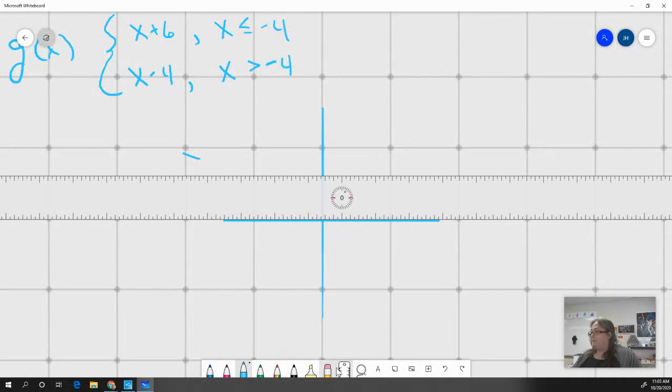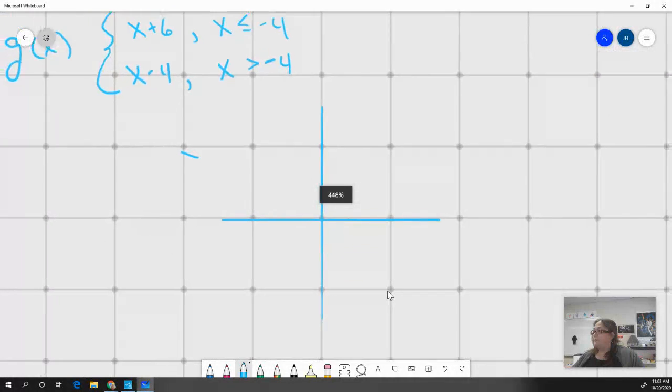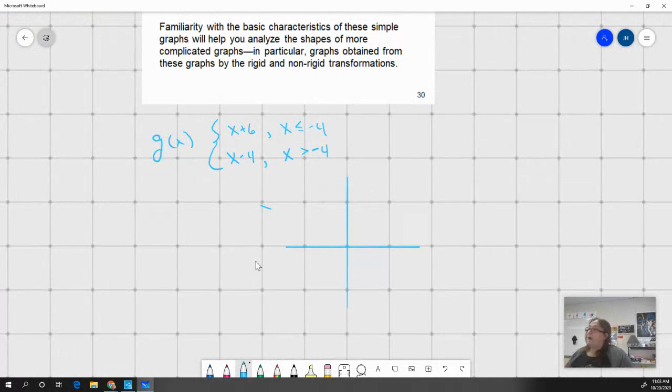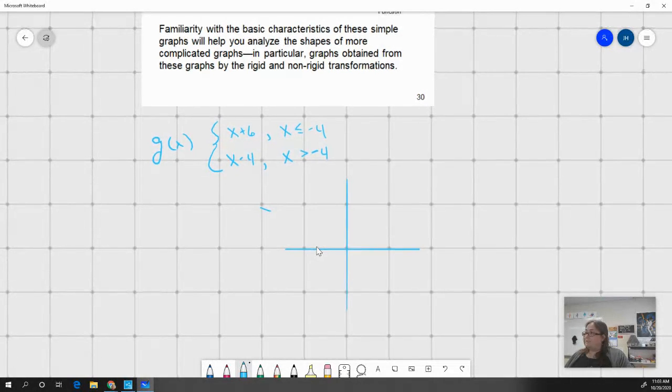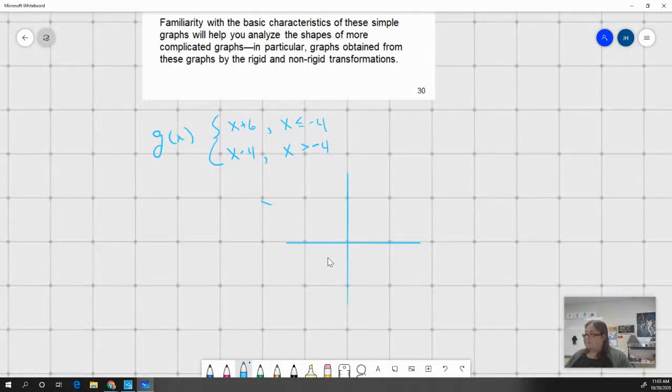Let me get rid of the ruler there. When I go to graph this, it's saying that when x is less than -4, we are going to use x plus 6.